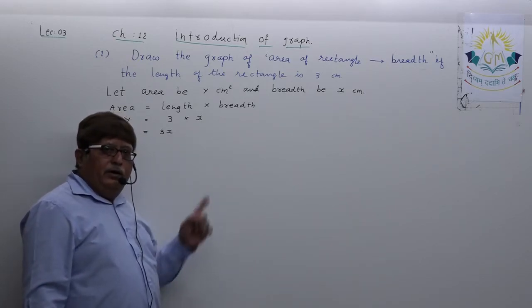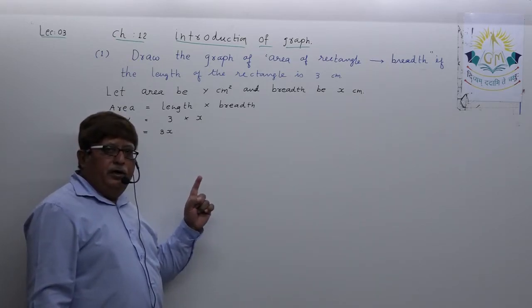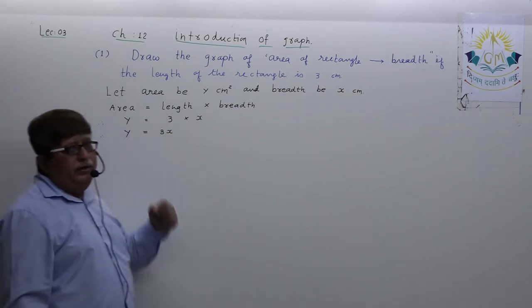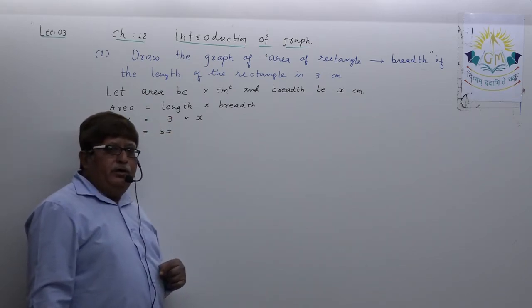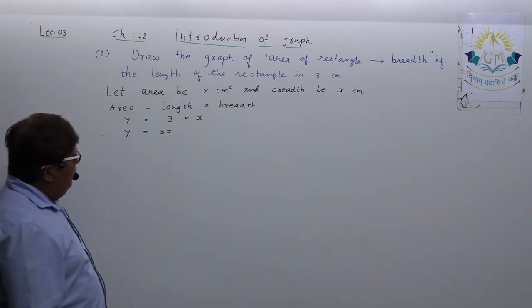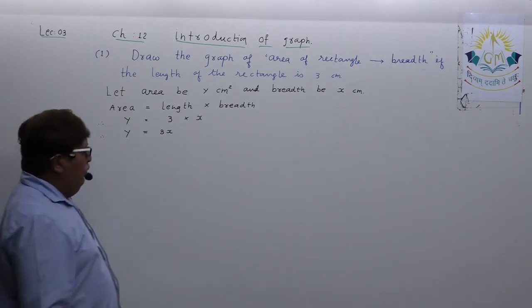Here, by supposing area as y and breadth as x, we have formulated the basic equation required for drawing the graph. So you got y equal to 3x.